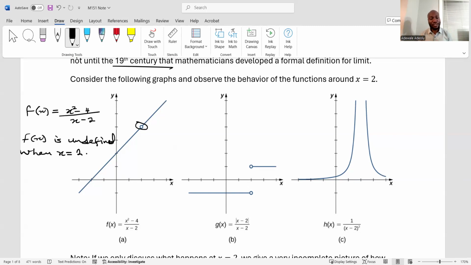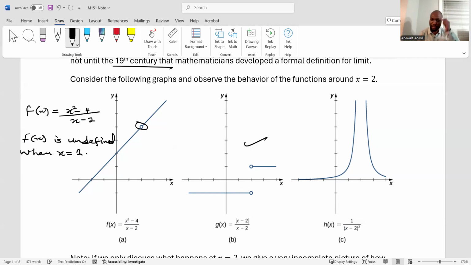The concept of limits allows us to study what is happening to the function around that point x equals 2. For example, at 2.01, 2.001, 2.0001, those points that are very close to 2, we can try to understand what is happening to the y value.